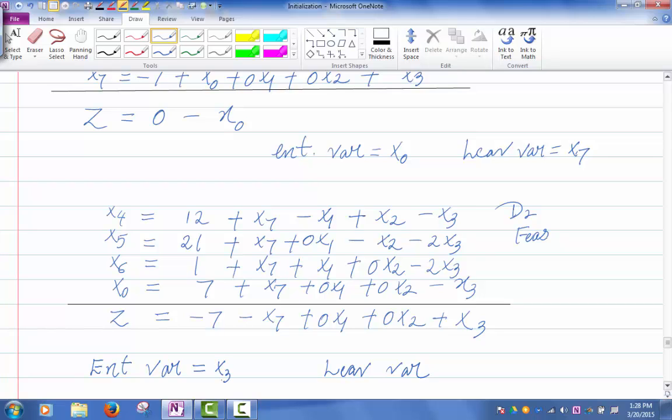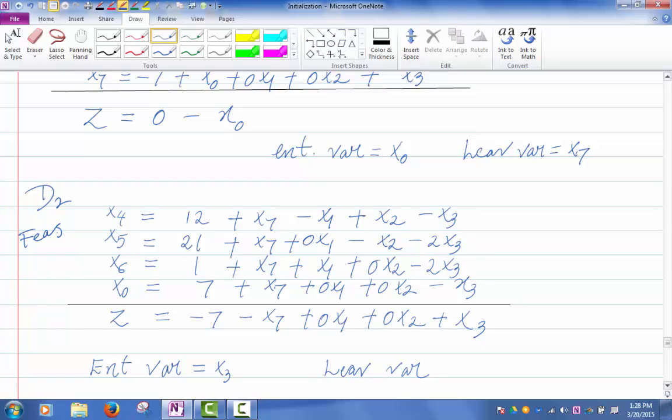Okay, once I have x3, then I have to detect what is the leaving variable. Let me delete this because I need that space. Let me say here, D2, and this is feasible. Now, how do I detect the leaving? The entering variable is x3, so keep the column of x3, keep the constant column, and delete everything else. Assume that nothing else is there.